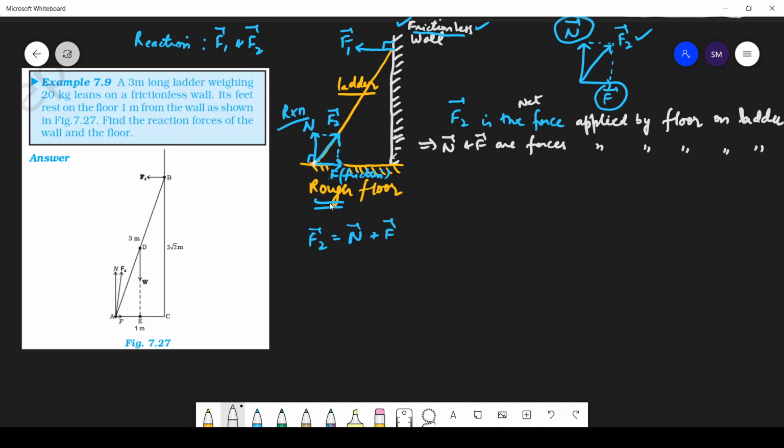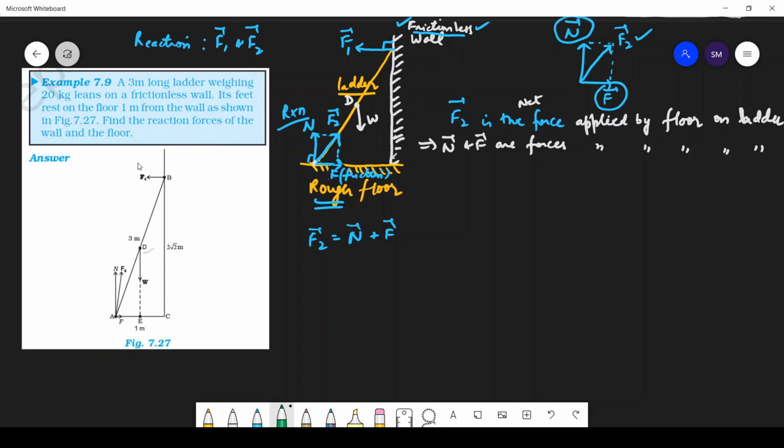Now this ladder will also have a center of gravity. At the center of gravity, it is being pulled by the earth. That's the weight. The center of gravity here is written as point D. So how many forces do we have in this question?